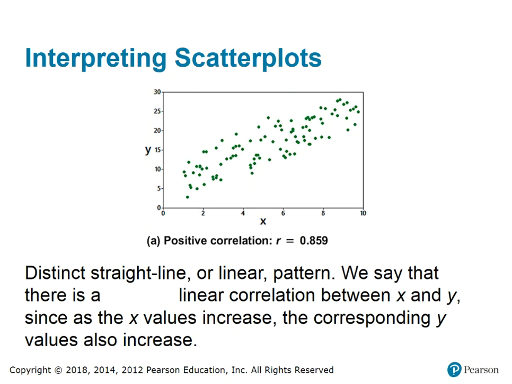So here's an example of a scatter plot. You can see that I definitely can see a pattern as it moves up and to the right. So we do call this a distinct straight line or linear pattern. We say in this case that there is a positive linear relationship because I can see that as the graph moves, it is going in an upward direction. So as x increases, so does y.